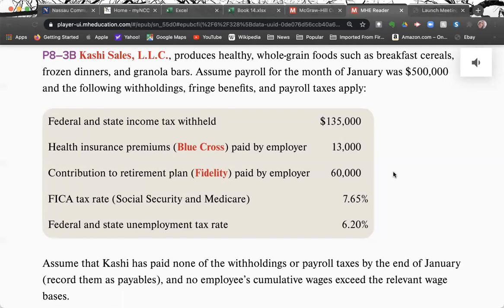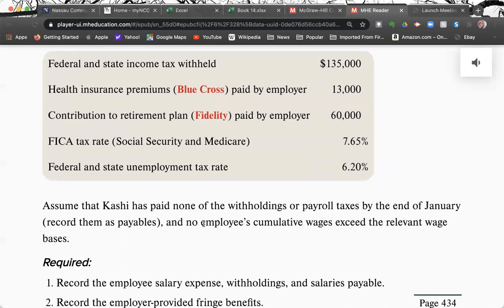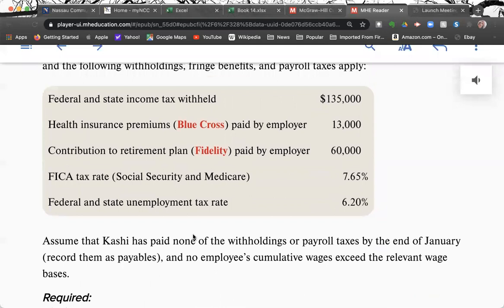Federal and state income tax, $135, health insurance and retirement plan paid for by the employer, and the Social Security tax rate, 7.65%, the federal and state unemployment tax rate, 6.2%. Assume that Kashi has paid none of the withholdings or payroll taxes by the end of January, so record them as payables, and no employee's cumulative wages exceed the relevant wage basis.